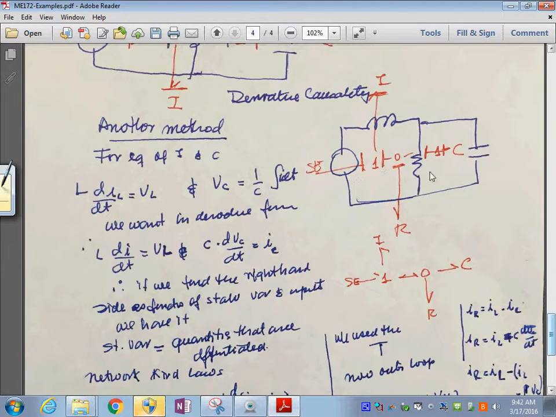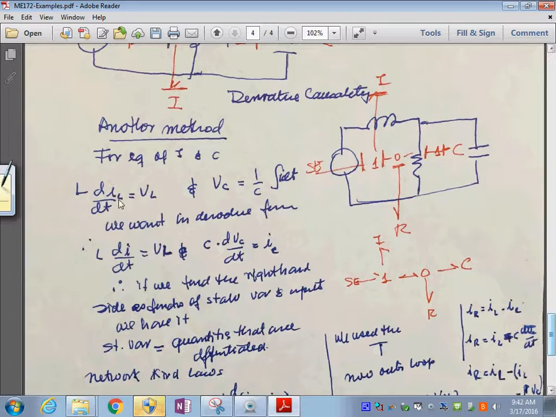But you see, we want the state space form, the equations in the form of first order derivatives, the state variables, and the inputs, nothing else. Okay, so how do we achieve this? Do you see this one over here? If instead of being in integral form, you put this equation in derivative form, do you see what you get?